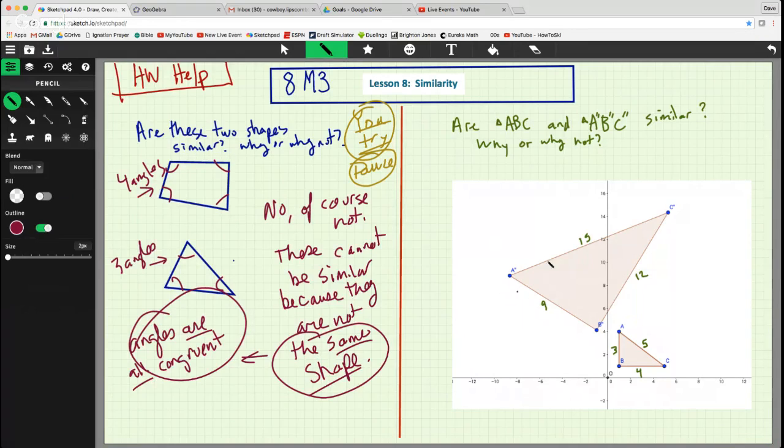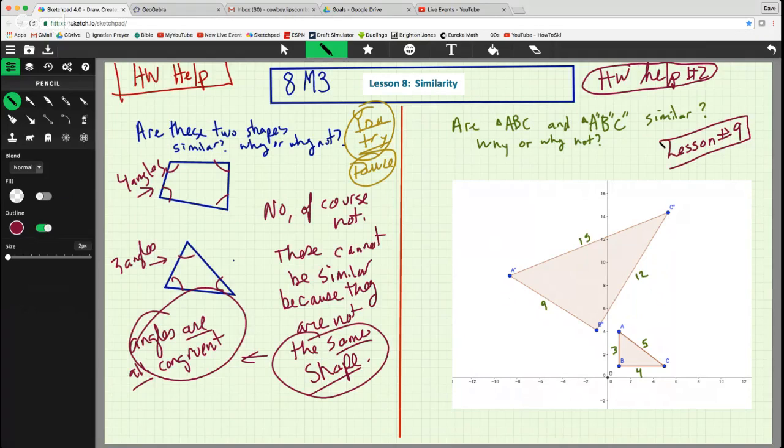Okay, now here's the second homework help. This is homework help number 2. And this is a concept in the lesson where the easy answer is going to be in lesson number 9.